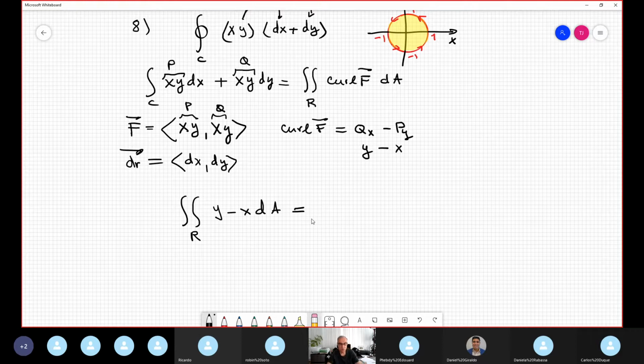Boom. So you convert to polar, so we have r sine theta minus x, which is r cosine theta. The Jacobian is r dr d theta. And it's a unit circle. This is a unit circle, r varies from 0 to 1, and theta from 0 to pi.